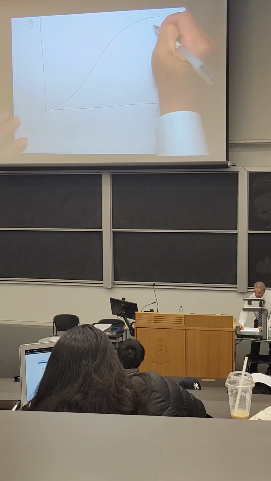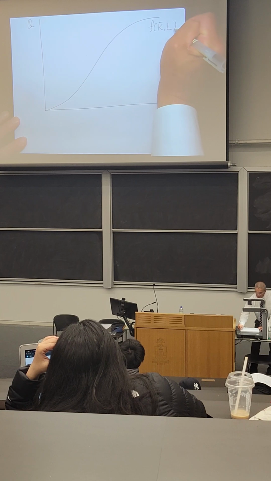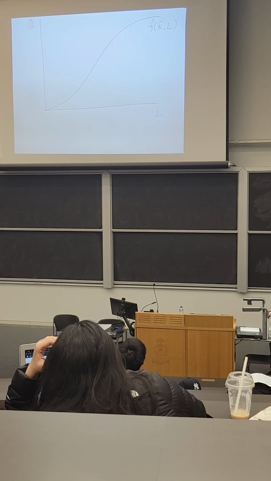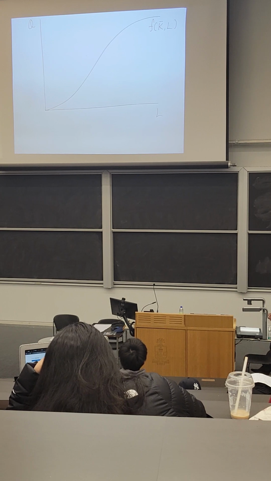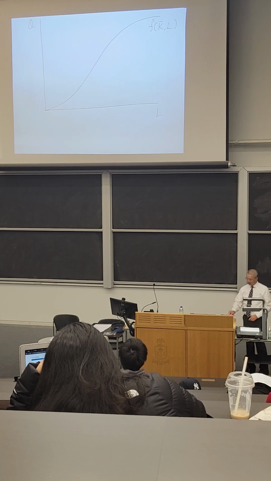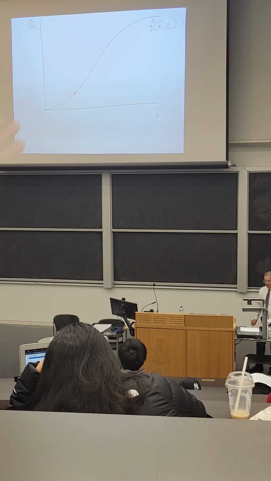So this is the production function based on given factory size, and we can change labor input. So the trick is find a point on the production function, and this is the labor input L1.